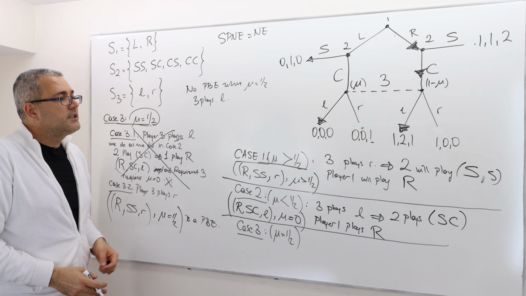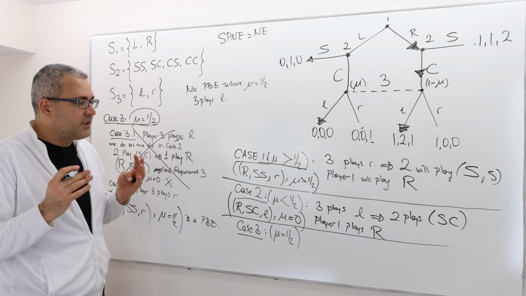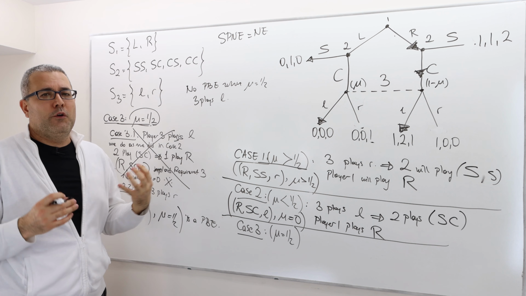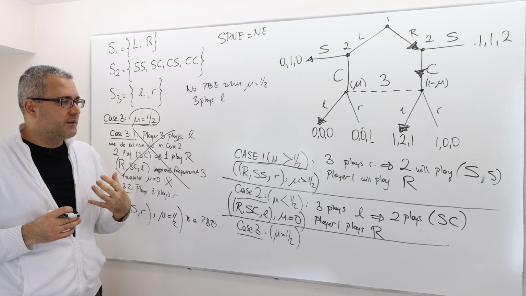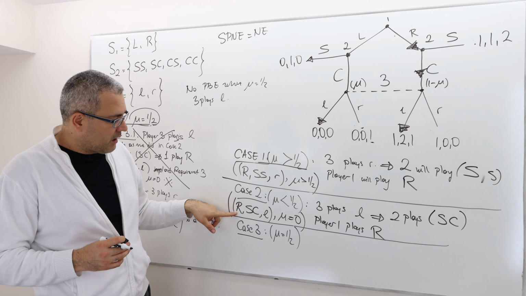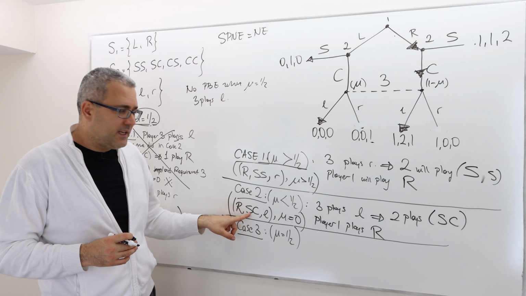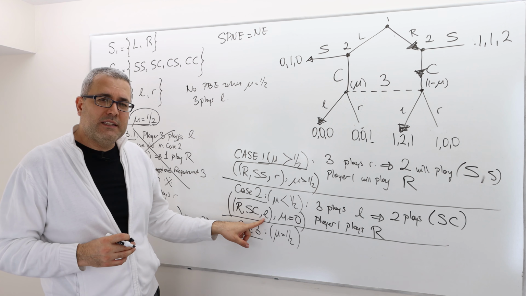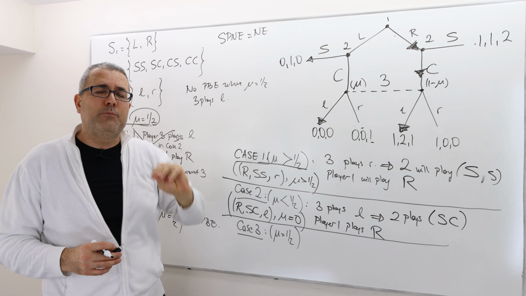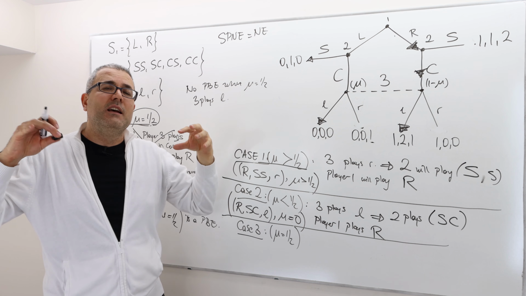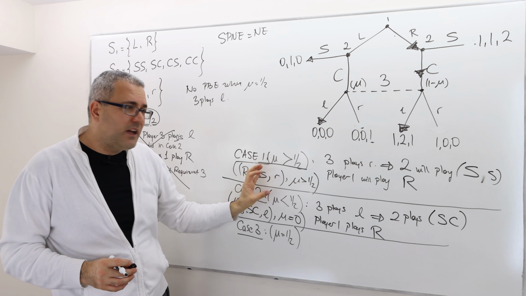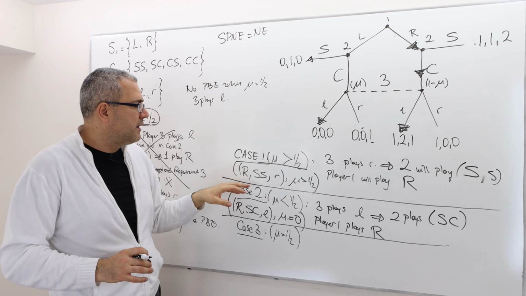That's it. So in conclusion, there are two groups of perfect Bayesian equilibrium of this game. One in which player 1 chooses R, player 2 plays SC, player 3 plays L, and mu is going to be 0. And then the second perfect Bayesian Nash equilibrium is a family: the same strategy but a family of beliefs.